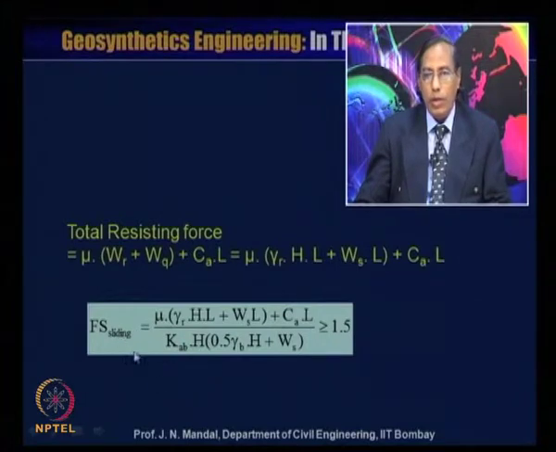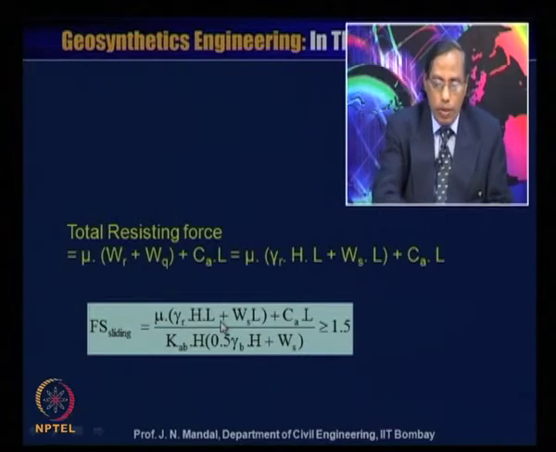So, if you substitute, you have this equation: factor of safety against sliding is mu into (gamma R H L plus WS into L) plus CA into L, divided by KAB into (0.5 gamma B H squared plus WS H), and this factor of safety against sliding should be greater than or equal to 1.5. If there is no adhesion, then CA will be 0, so you only take this part into consideration. Now you will be able to calculate the factor of safety against sliding.